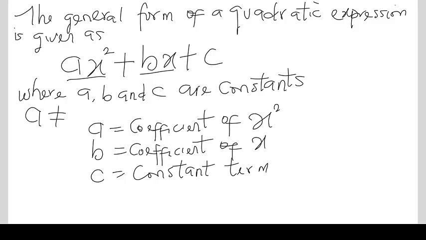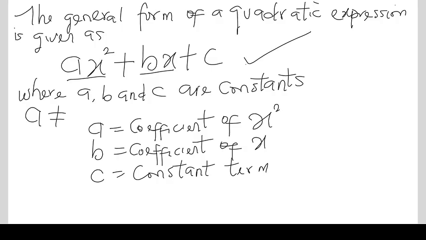And of course, based on the quadratic expression that I've written above, we already established that it is a trinomial quadratic expression. Why? Because it is having three terms. So the general form of a quadratic expression is given as this.